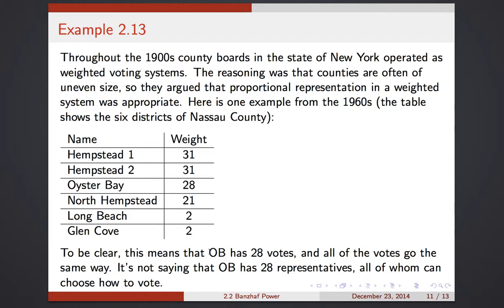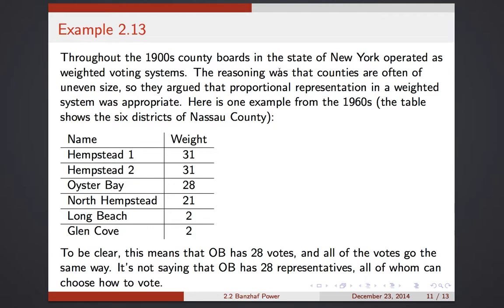It's an example from New York State. And so back in the 1900s, county boards in New York operated as weighted voting systems, and the reasoning was not unreasonable, I suppose. Counties are often of uneven size, so people argued that proportional representation in the form of a weighted voting system was appropriate.